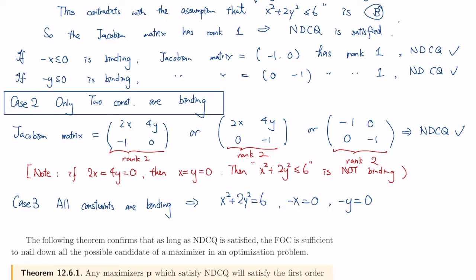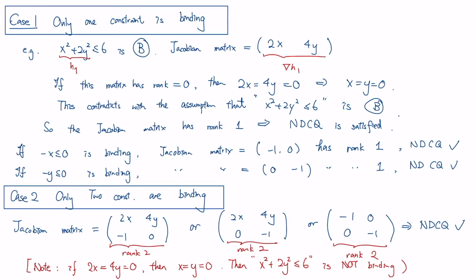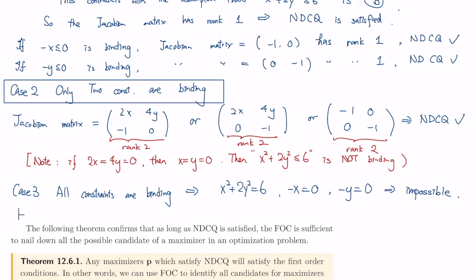But then it does not satisfy the first equality, which is impossible. So the third case is actually impossible. Hence, by this analysis, we realize that in all possible cases, the NDCQ is satisfied. So hence the NDCQ is satisfied for this optimization problem.